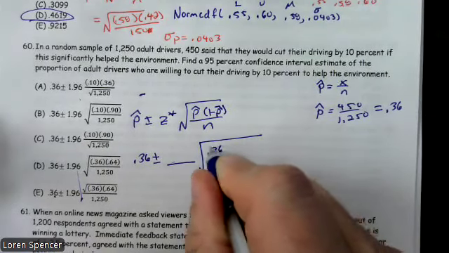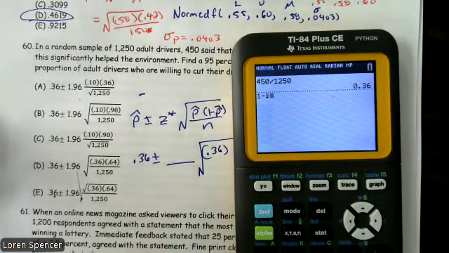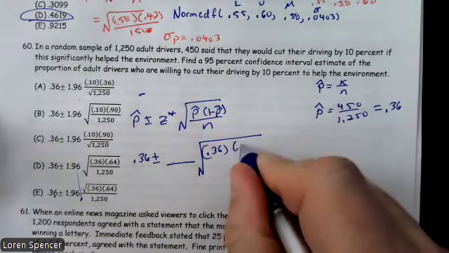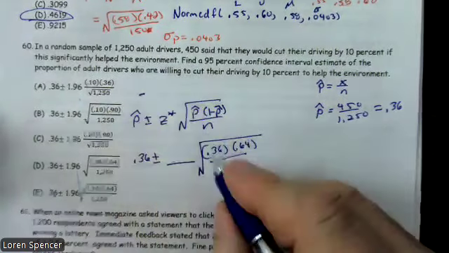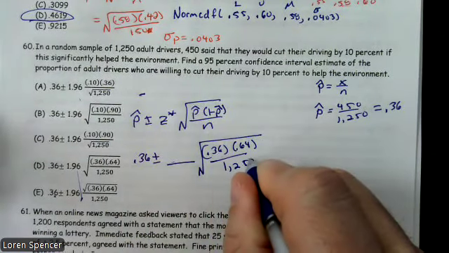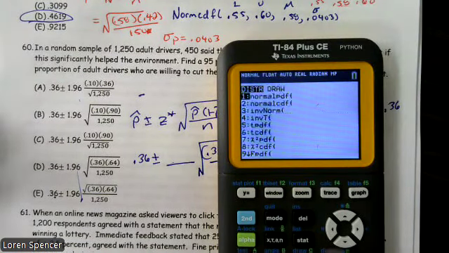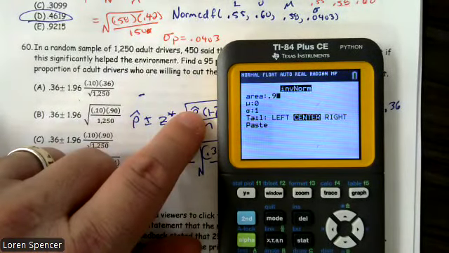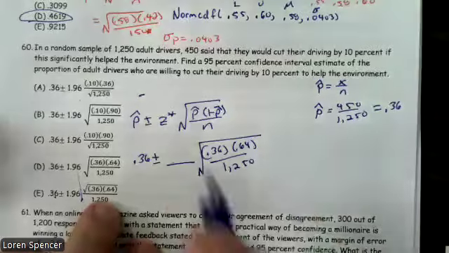And this is 0.36 times 1 minus 0.36, and 1 minus 0.36 is going to be 0.64, over N, and N was 1,250. All right. Now, second VARS, inverse norm. They said 95%, so 0.95. And there it is, the 1.96 that we needed.